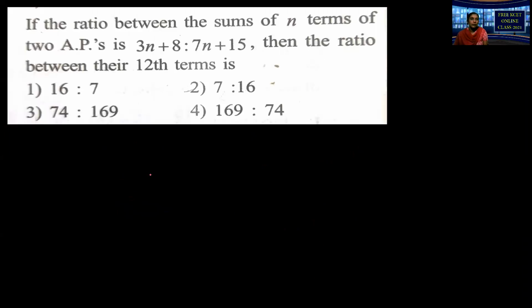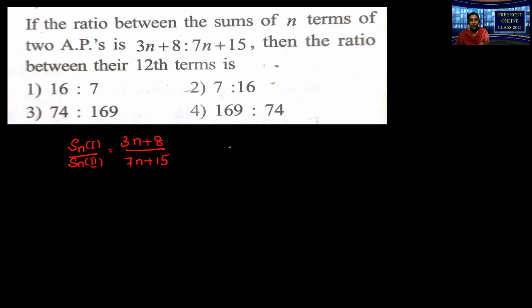Next question. If the ratio between the sum of n terms of two arithmetic progressions is 3n plus 8 is to 7n plus 15, then the ratio between their 12th terms is what they are asking. So Sn of first sequence divided by Sn of second sequence is given by 3n plus 8 divided by 7n plus 15.